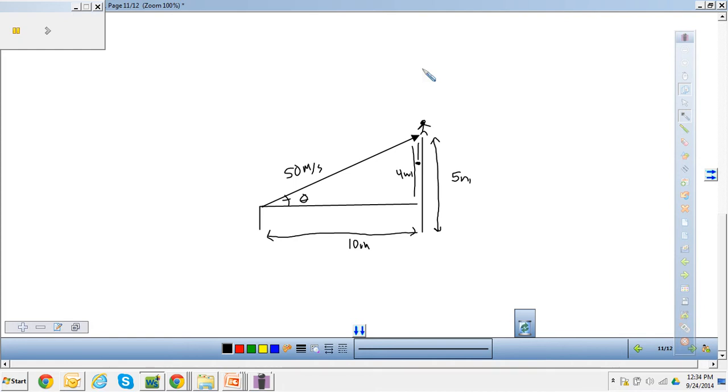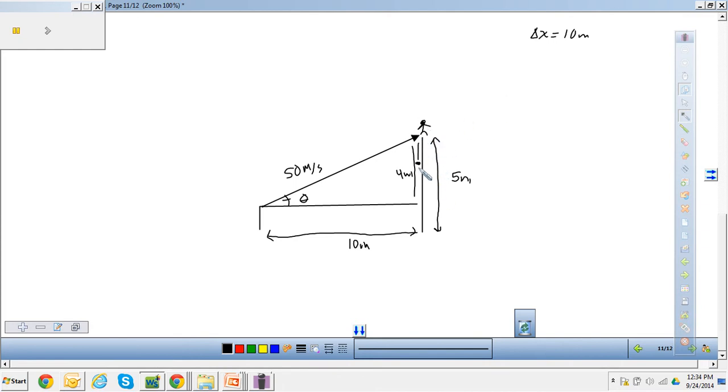Okay, so now what do we know? Do we know the change in x? Yep. Delta x equals what? Very good. Do we know the change in y?